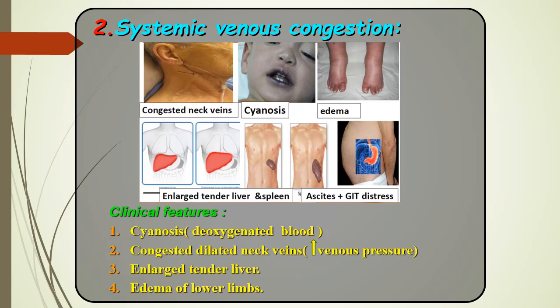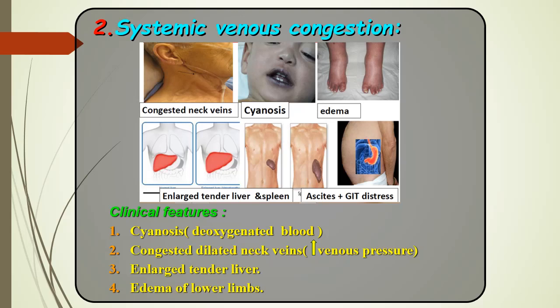And now, what are the clinical features for the systemic venous congestion? You could see cyanosis, like here, which is the bluish discoloration of the tissue, especially apparent in the lips, due to the presence of abundant reduced hemoglobin.